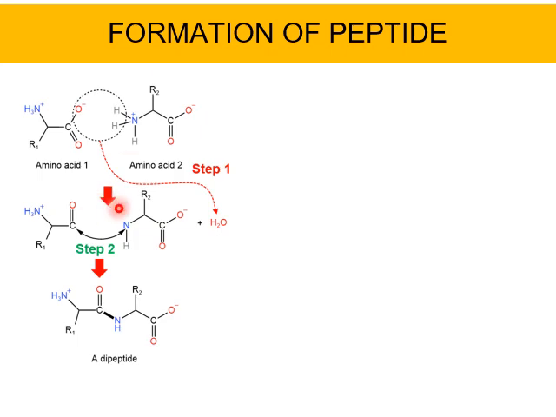Thus they will form water, and now the carbonyl carbon from the first amino acid will form a peptide bond with the nitrogen on the second amino acid. What we have here then is a dipeptide because it contains two amino acids that are linked together. This process can be repeated in a stepwise fashion to grow the amino acid chain.